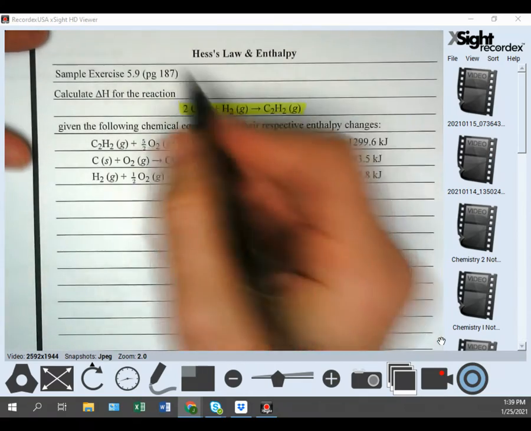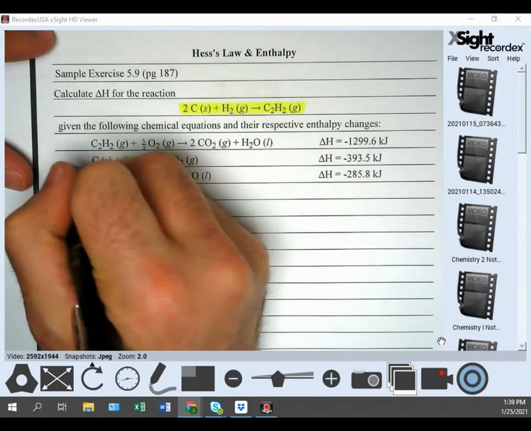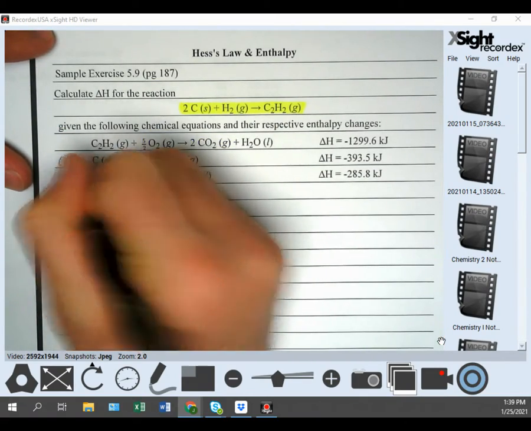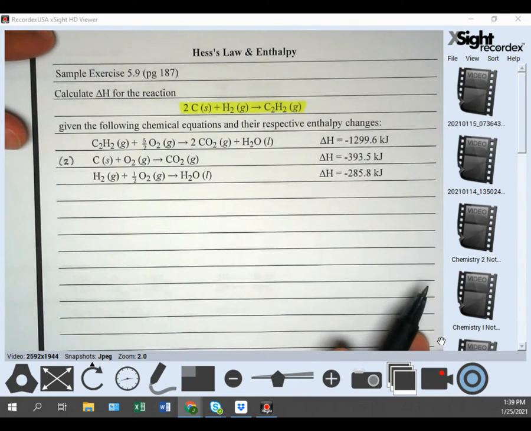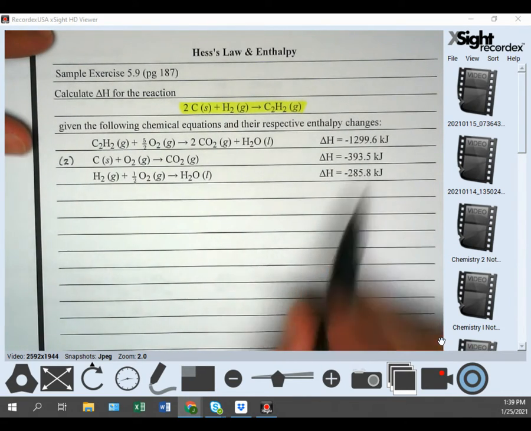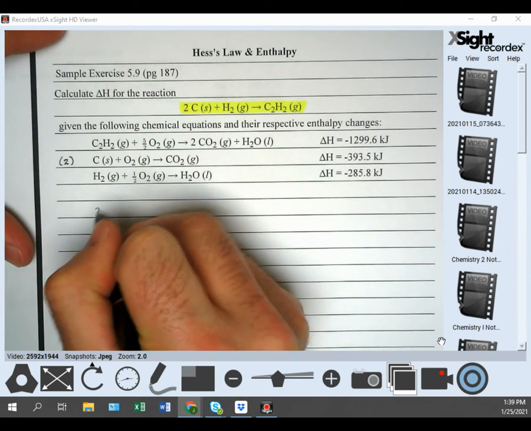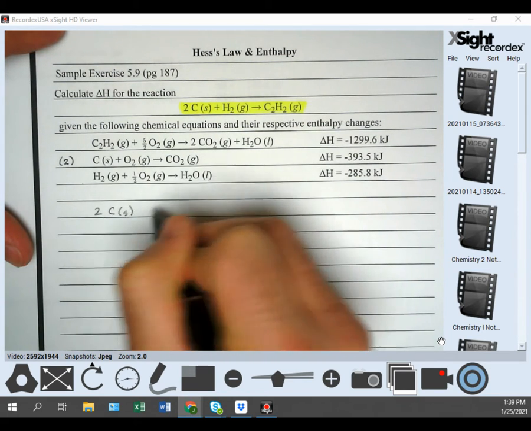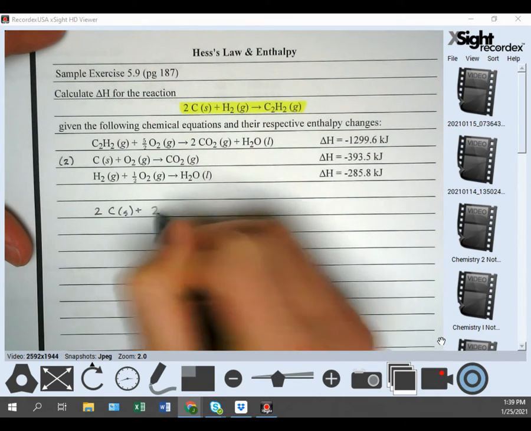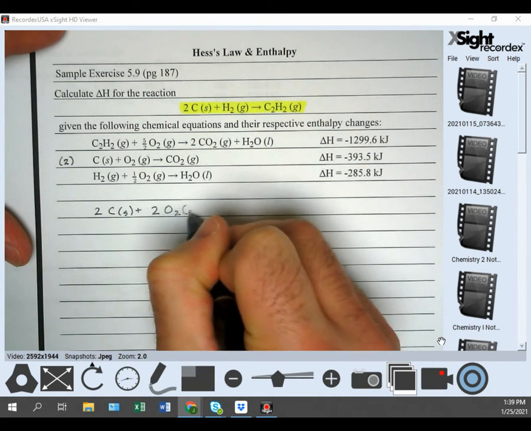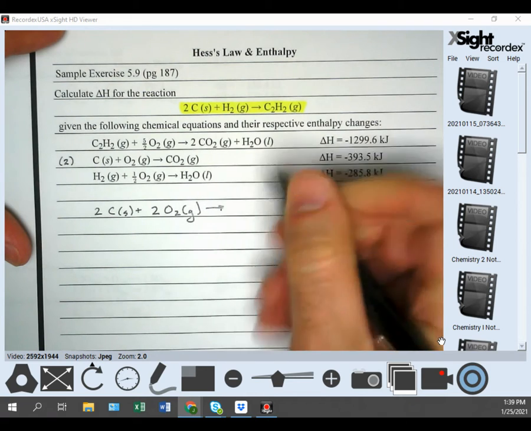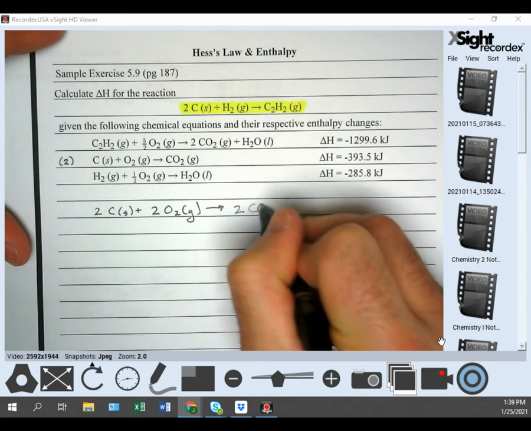Double it. So we're going to double, times 2, everything in this equation, coefficients and our delta H. So this becomes 2 C solid plus 2 O2 gas yields 2 CO2 gas.